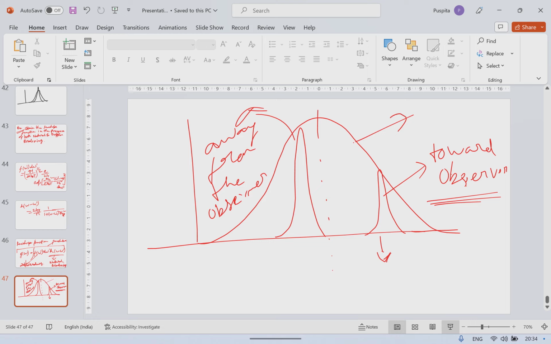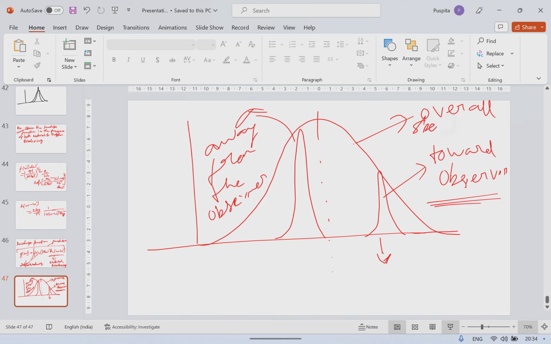So at the center it has the highest amplitude at this frequency, but when it goes away from the observer, again the frequency drops, and the total overall Doppler profile is this.